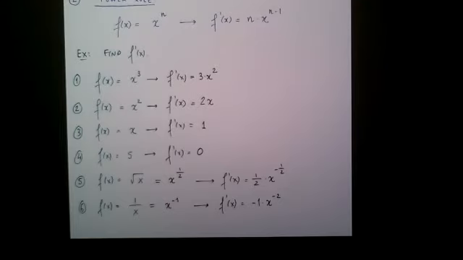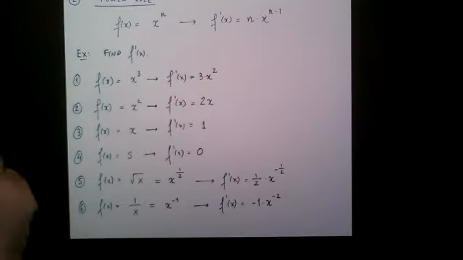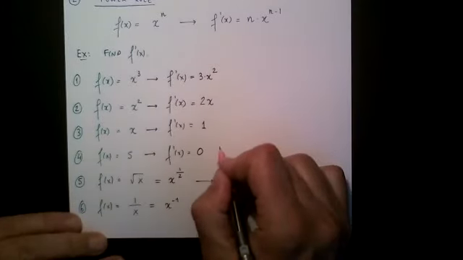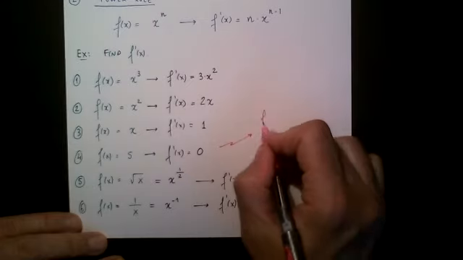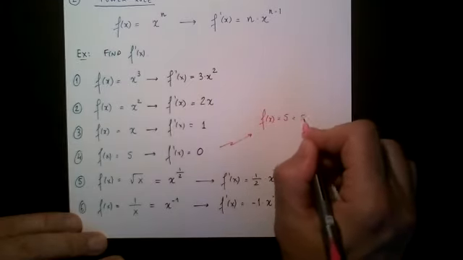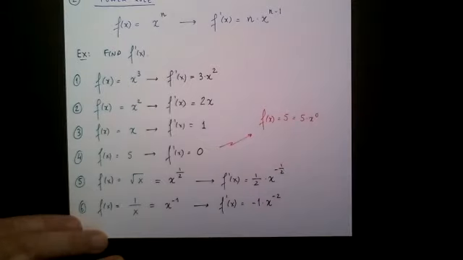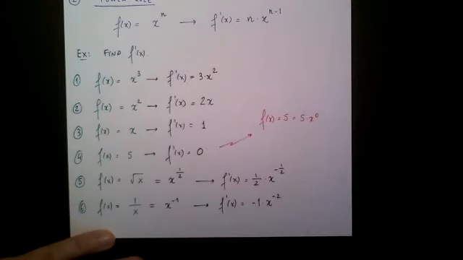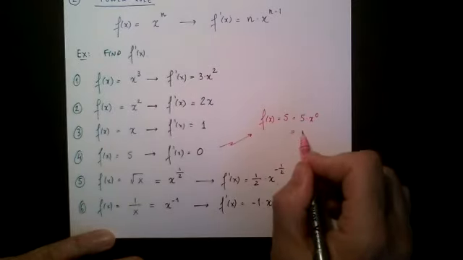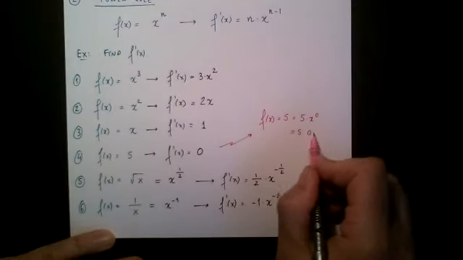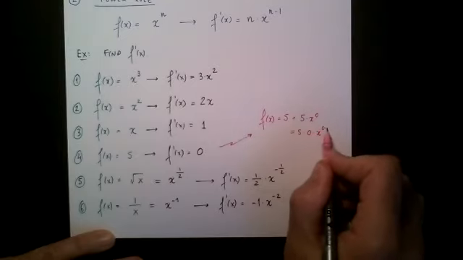Could you explain number 4 again? Number 4? Yeah. This one? Sure. So for this one here, f of x is equal to 5, which is equal to 5 times x power 0, right? Because x power 0 is 1. And then I'm going to do the derivative. 5 times the derivative of x power 0, which is 0 times x power 0 minus 1.